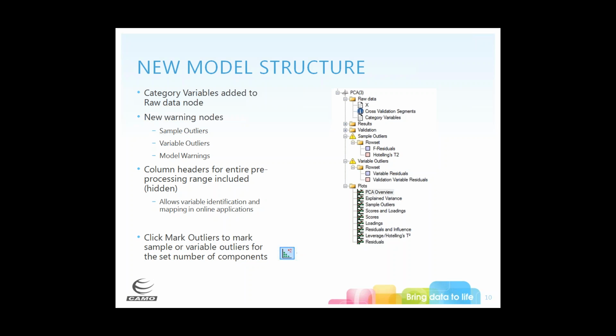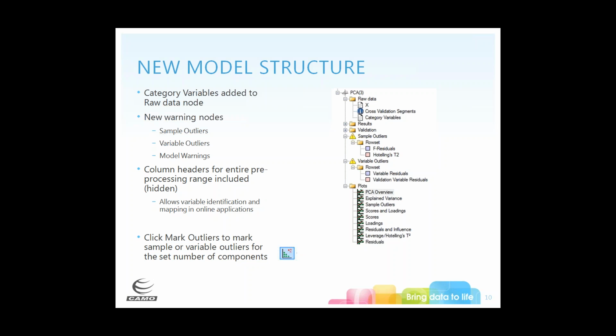So you don't have to select it as an input to the model, but if it's present in the same data table that the model is based on, then it will be added here. And that has some advantages when it comes to sample grouping and recalculate options. That's why we wanted to maintain these category variables as part of the model structure.